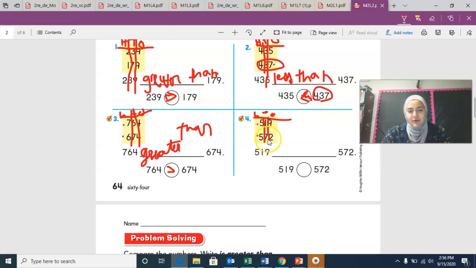So now we look at 1 and 7, which is greater, 1 or 7? 7 is greater than 1, so your greater number is 572. So you're going to use that less than sign here, and you're going to write less than. Okay, it's not writing with me, but that says less than. Okay, moving on.